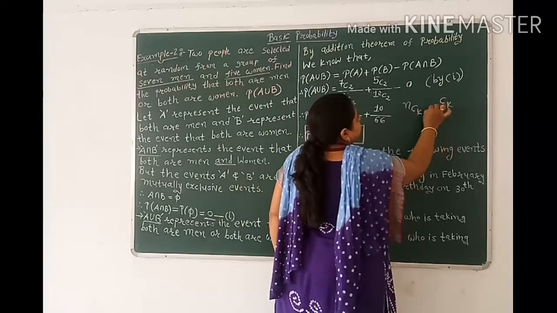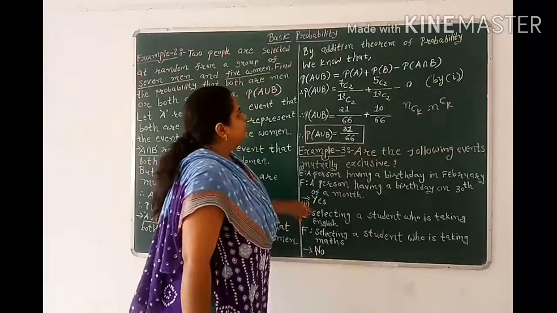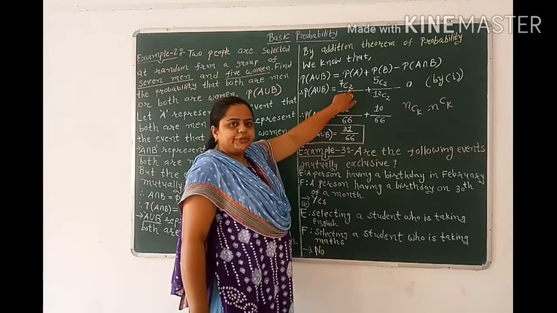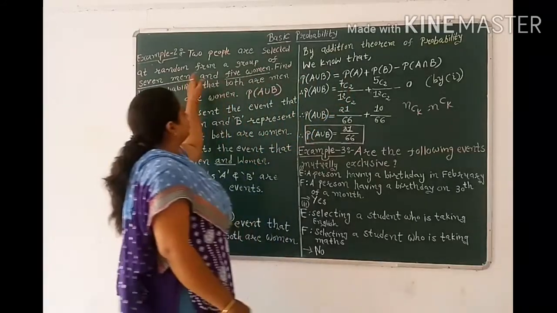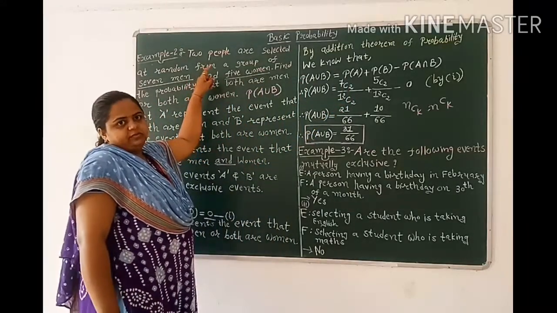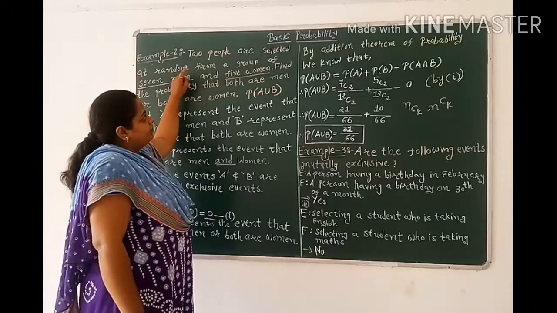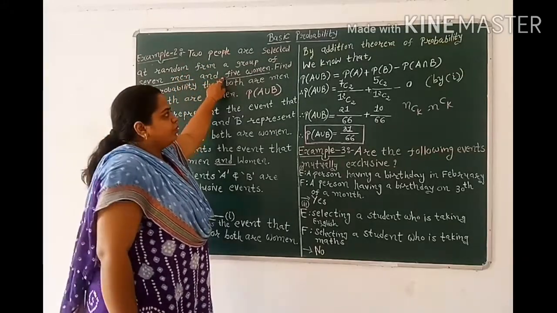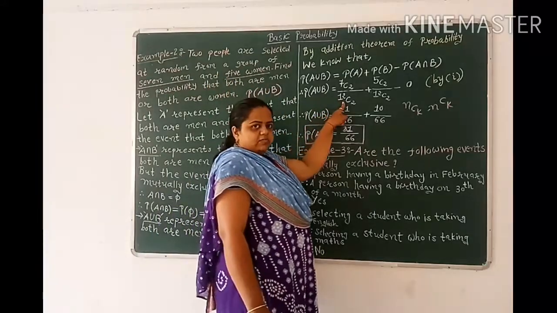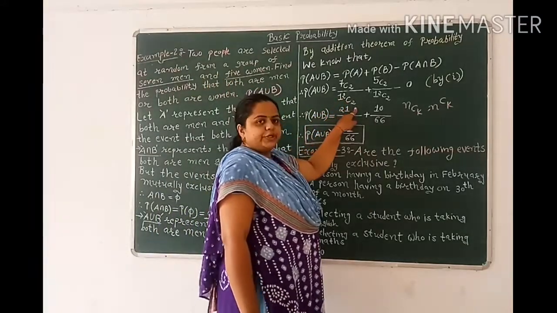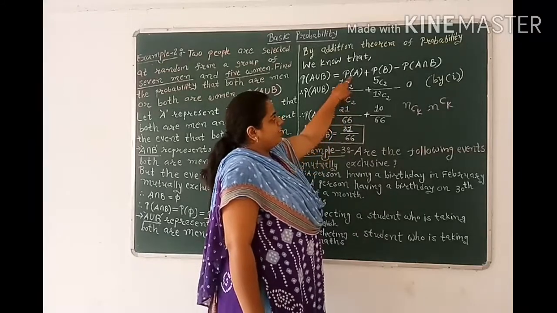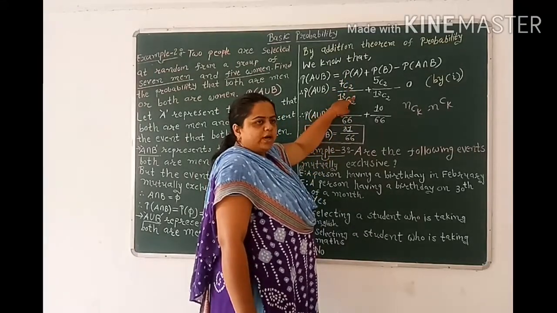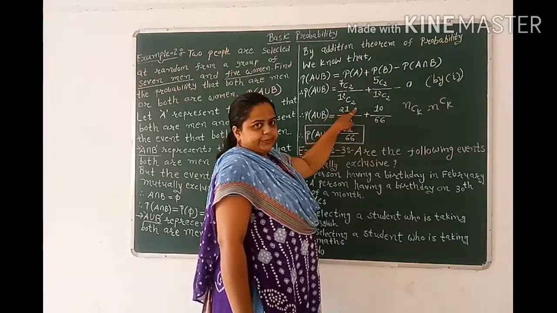So here favorable outcomes are 7C2 and here we have a total of 12 persons because 7 men and 5 women. So total outcomes are 12C2. Therefore probability of A equals 7C2 over 12C2.